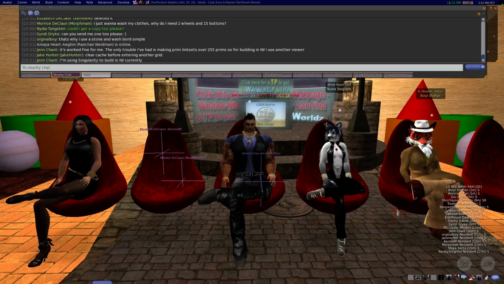I use Firestorm in Second Life, and I use the InWorlds beta viewer in InWorlds, so I will have those two running at the same time sometimes on my computer.